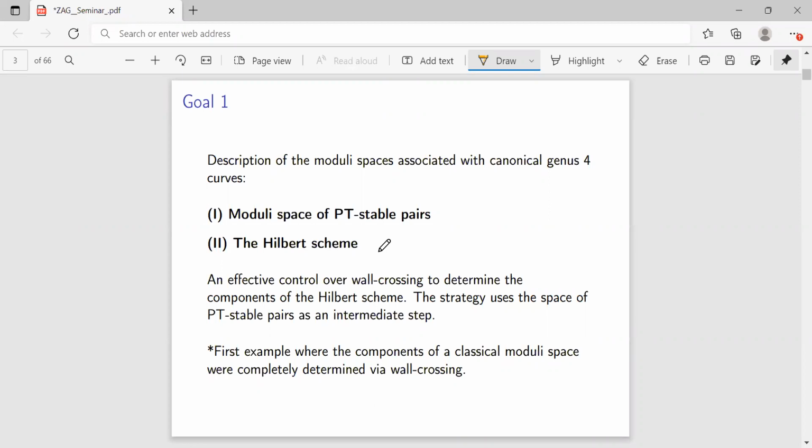As an intermediate step, our strategy uses this space of PT stable pairs as an intermediate step when describing Hilbert schemes. And this is maybe the first example of a moduli space with several irreducible components completely determined by wall crossing.